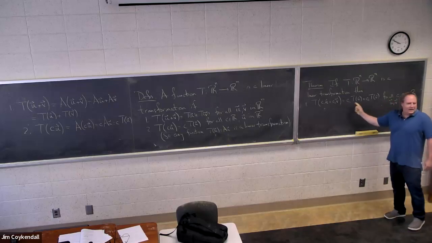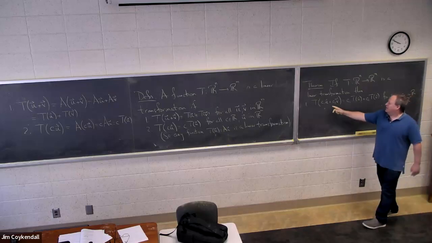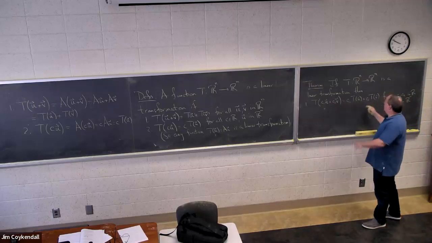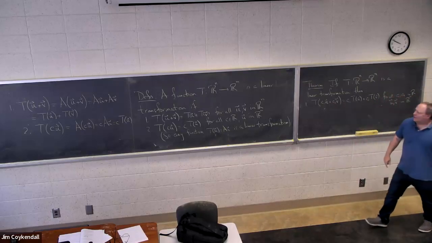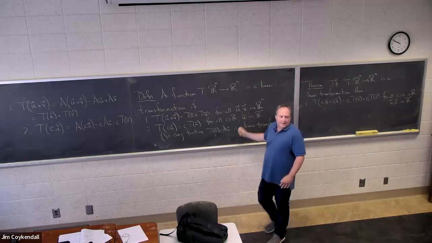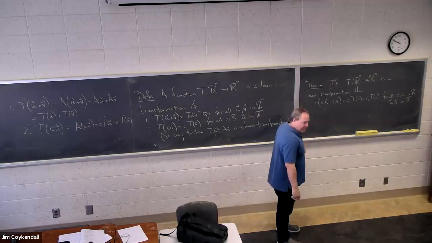Notice all this is saying is that I've written this as the sum and pulled out constants all together instead of doing them one step at a time. Okay, well, this is pretty easy to see.